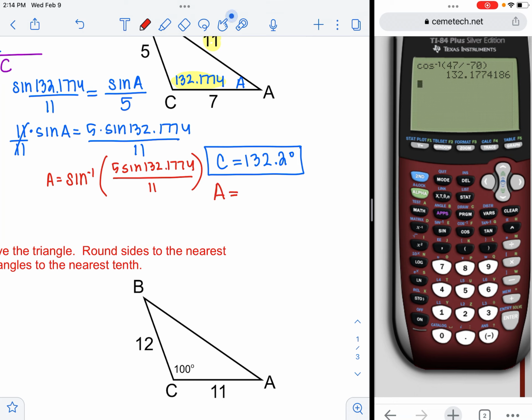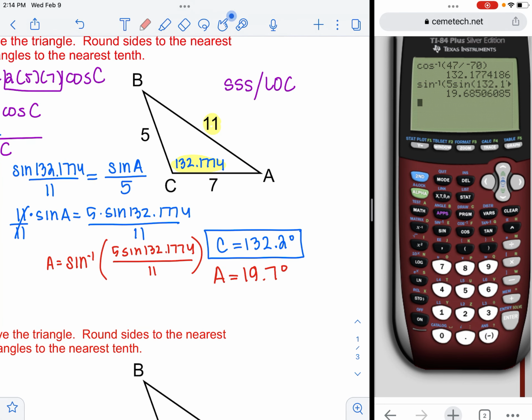I will be able to get a final answer here. Remember, only my first answer I have to write down as 4 decimals. So sine inverse of 5 sine 132.1774, close the parentheses, divided by 11. Hit enter. And I have 19.7 degrees.